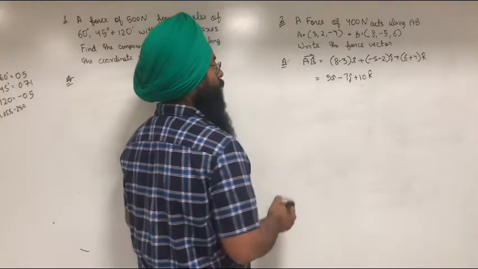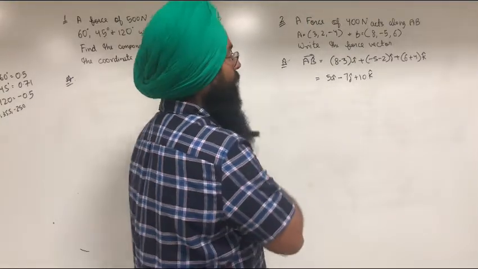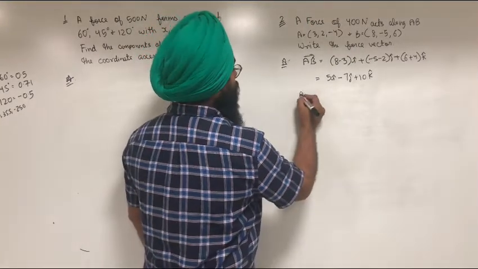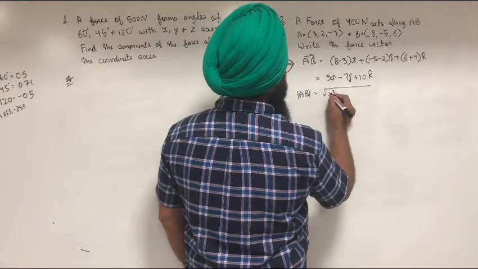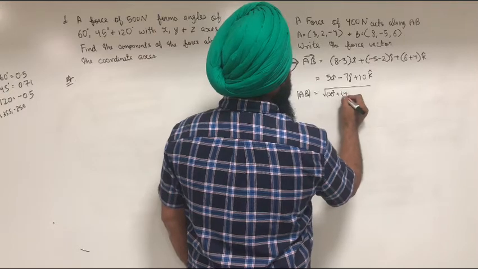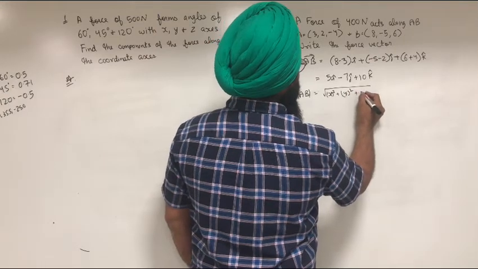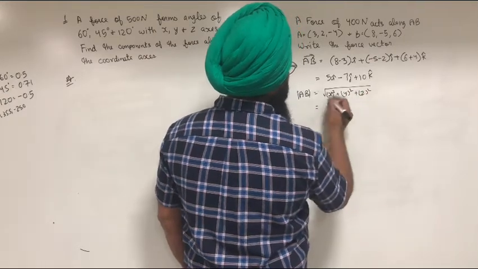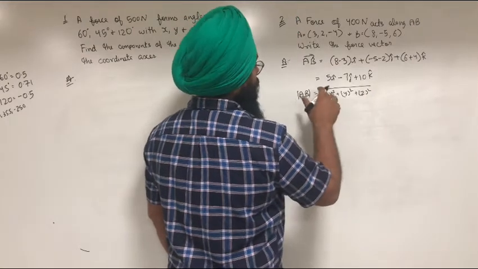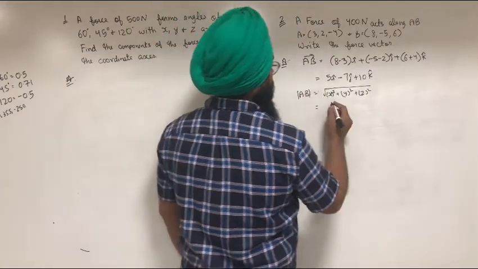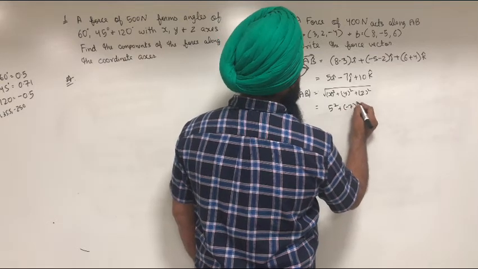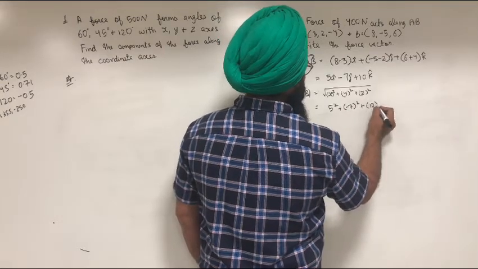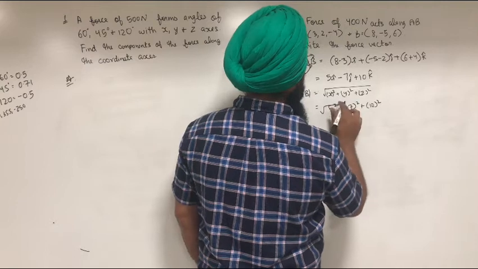And now you have to find the magnitude of AB. So the magnitude of AB is the square root of x coordinate squared plus y coordinate squared plus z coordinate squared. So here the components are 5 squared plus minus 7 squared plus 10 squared.